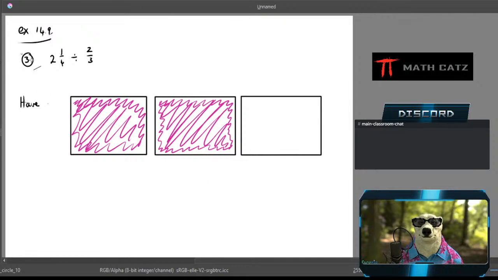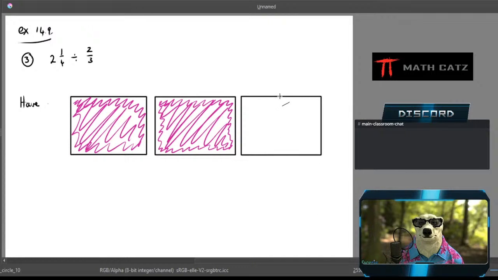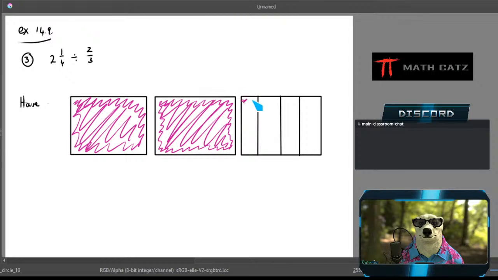Definitely splitting up the last one into 4 slices, and then one of those slices is what I have. Okay, great. That's quite a bit. Nice. I like it.